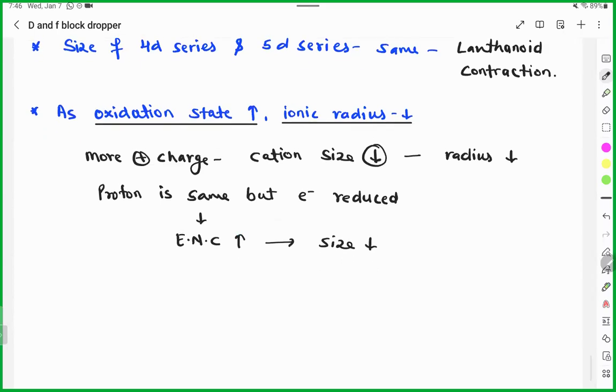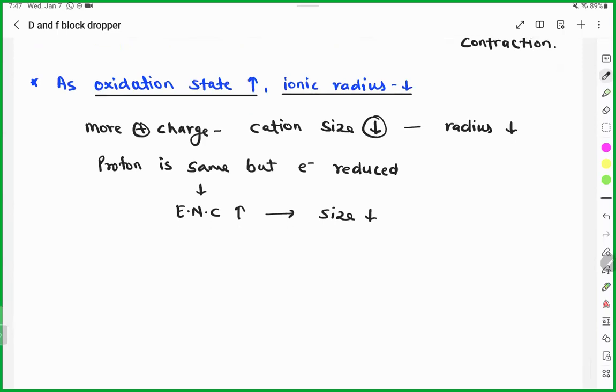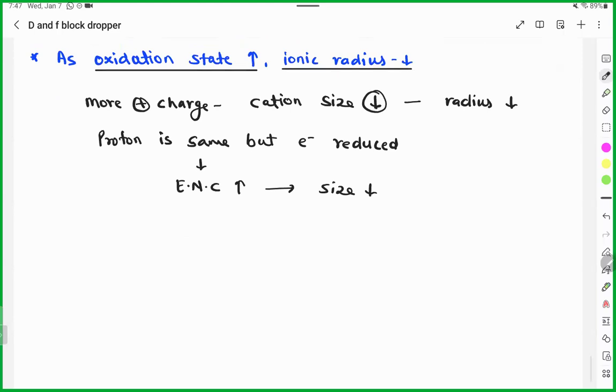If you see logically, we already said D block element size is smaller than S block, bigger than P block. Why, Anvita? Could you repeat the question? D block element size is smaller than S block and bigger than P block. Why? I don't know, sir.